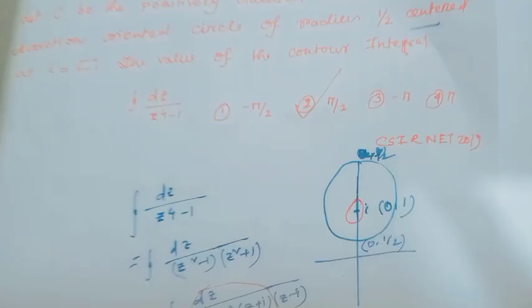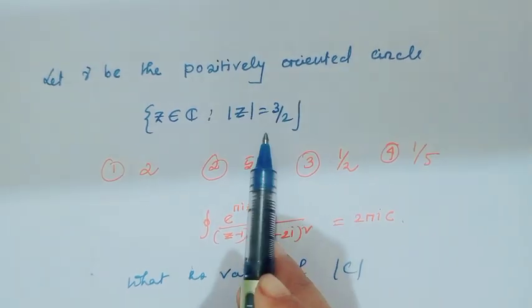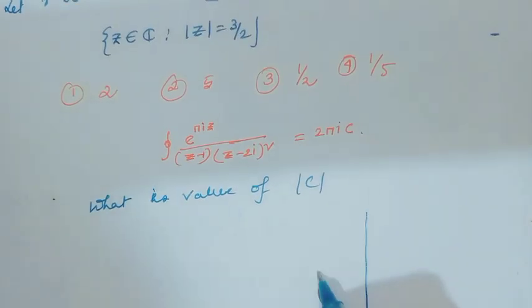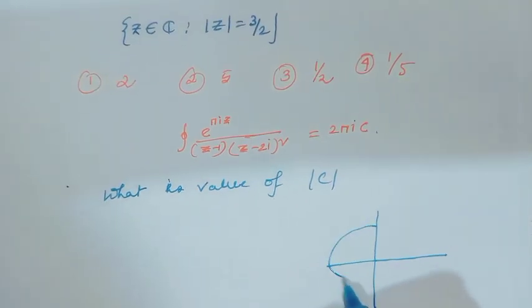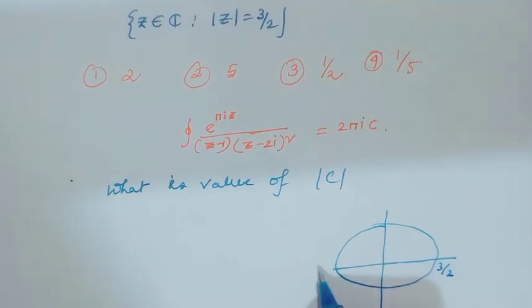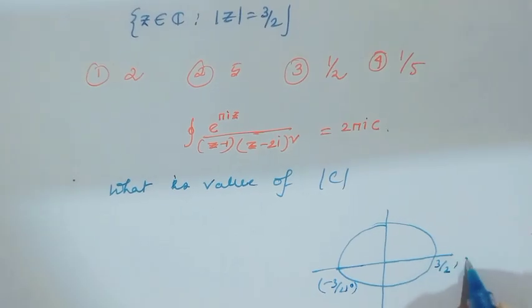The question is, let gamma be the positively oriented circle, z belongs to C such that mod z equal to 3 over 2. Consider this is the point 3 over 2, 0 and this is minus 3 over 2, 0.